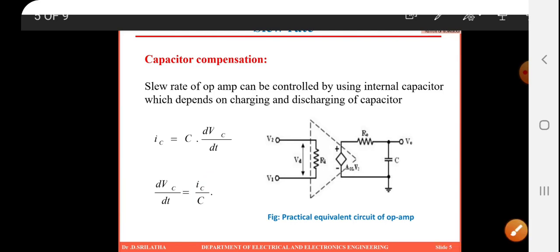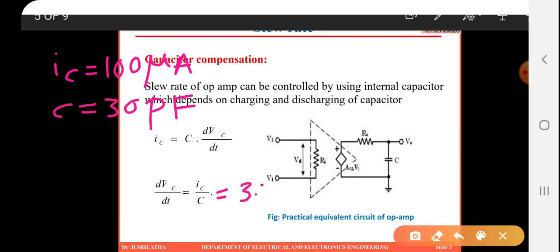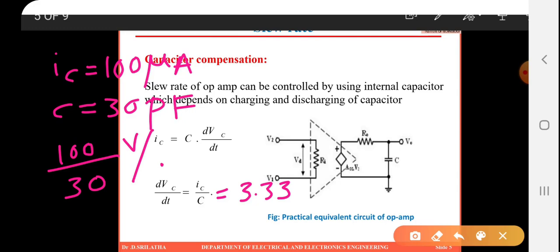For example, if the capacitor current value IC is 100 microamperes and capacitance value is 30 picofarad, then we can calculate the slew rate of op-amp, IC by C, which will be equal to 3.33, that is 100 by 30 picofarads, which gives 3.33 megavolts per ampere.